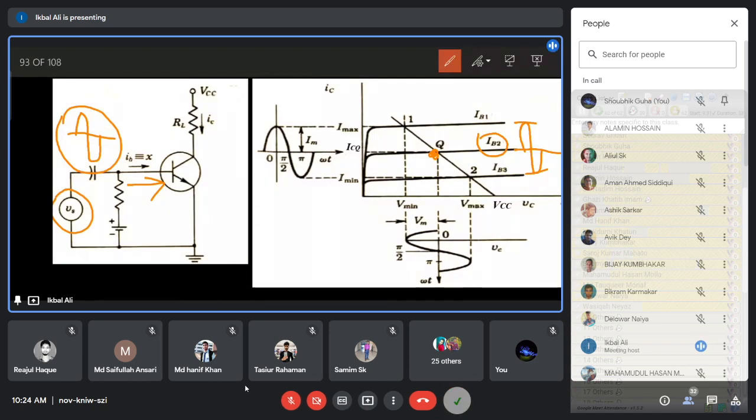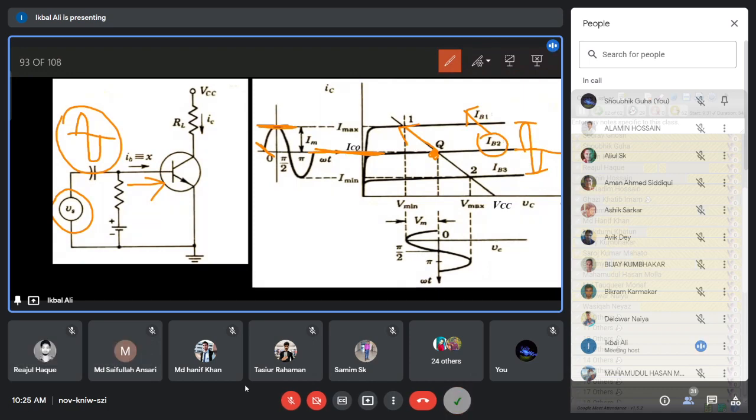For the positive half cycle, when IB2 jumps to IB1, the Q point, when IB2 slightly increases towards the maximum value IB1, actually moves to position 1. Then the DC collector current, which was at this level, ICQ, starts from 0 to this peak value.